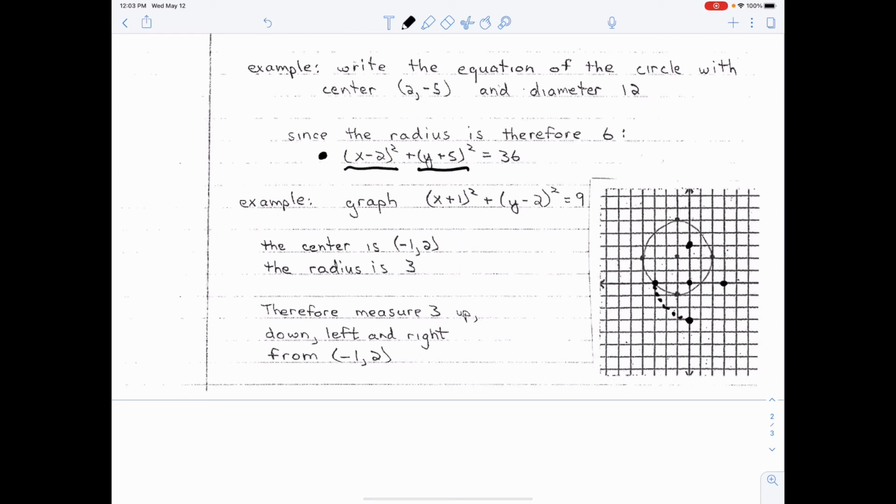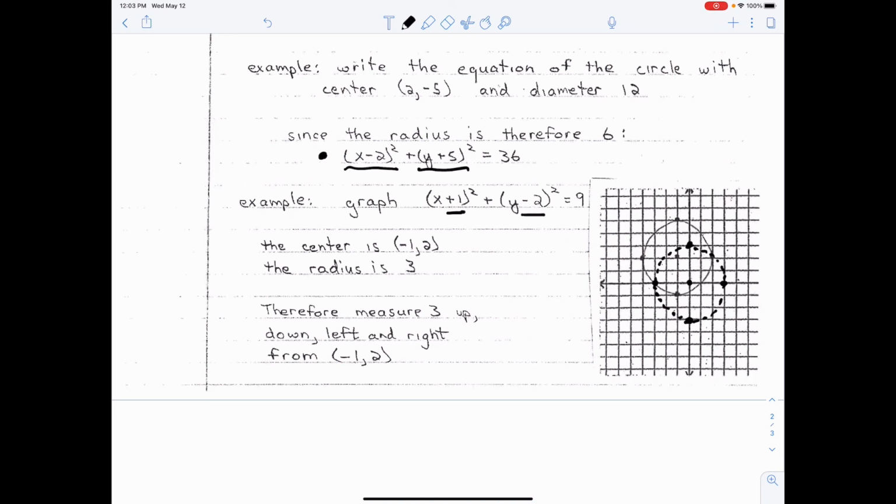And this is what you would get if you had an unshifted circle of radius 3. But then what I'm going to do is take each of those points and shift it 1 to the left and 2 up. And if you shift it 1 to the left and 2 up, you get the circle that I've got drawn here, before I started drawing anything with my pen.